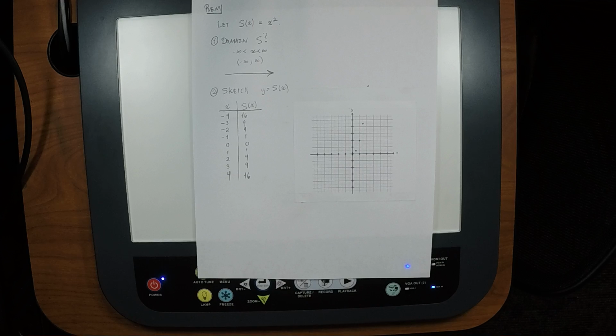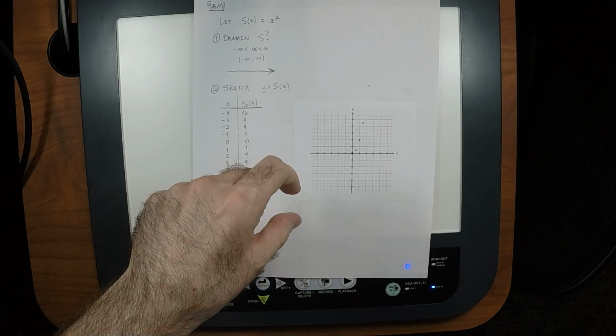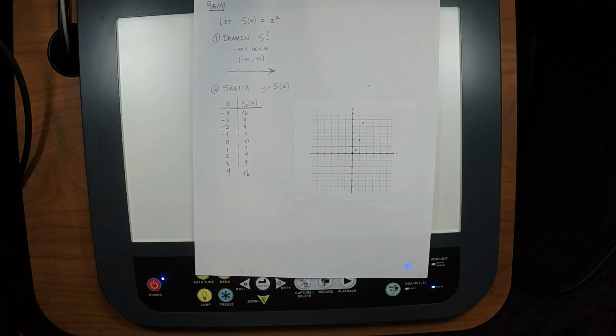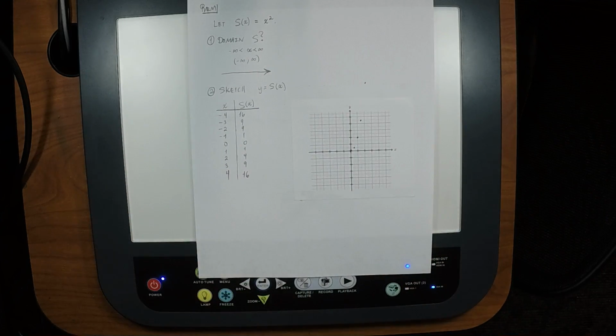Okay, and then you know that's the bottom half of the table, and then the top half is, because it reads the same forwards and backwards, what's going to happen is that these points will be just reflected over.